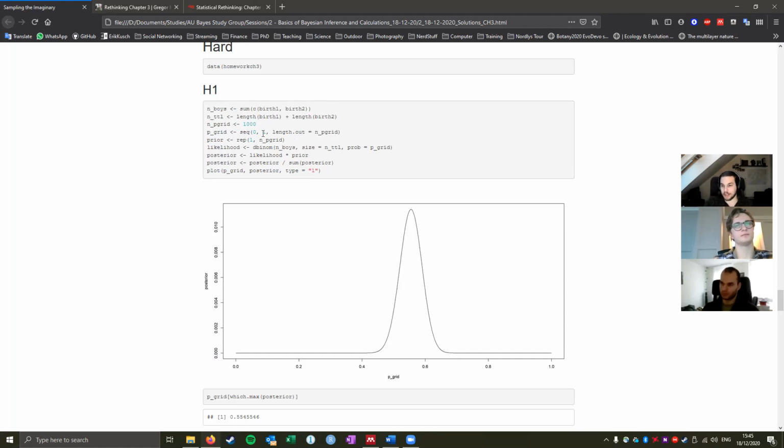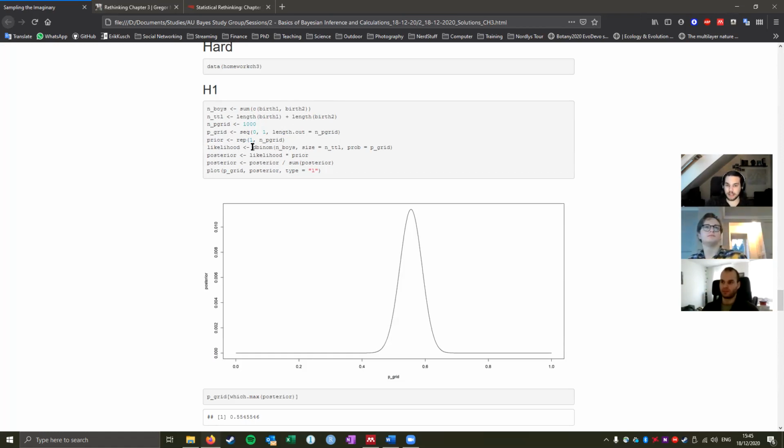So now I run the sequence from 0 to 1, which are probabilities of a birth being a boy, and I want to estimate them in a grid with 1000 intervals, or 1000 steps in there. So then I set my prior to be 1 across the board, uniform, thus not very informative.